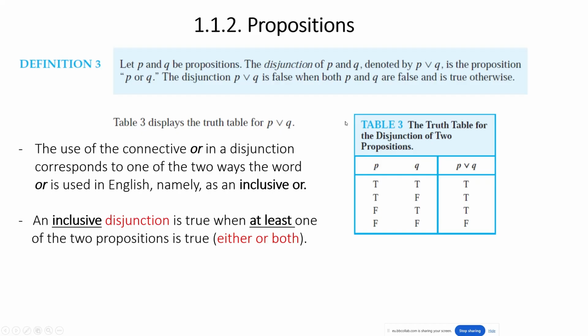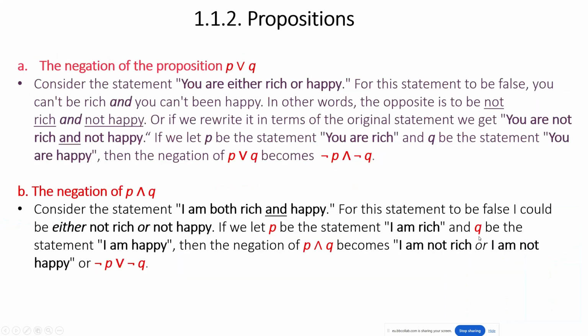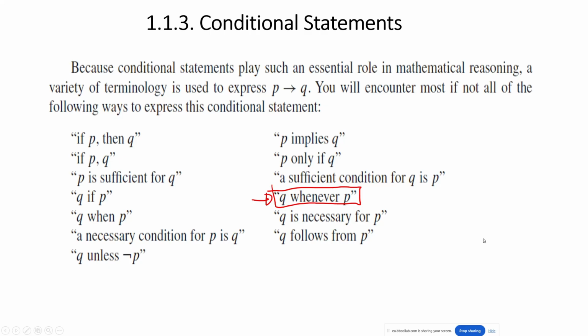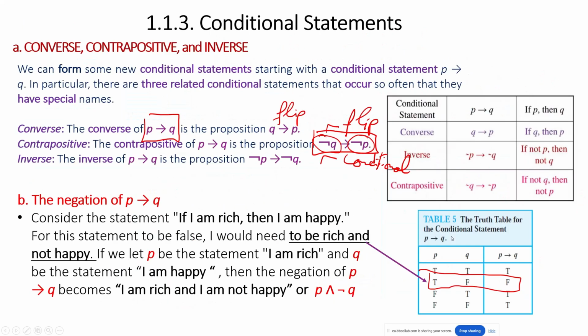Inclusive is the or that we know, and the exclusive one is the XOR. And then we started with these conditional statements: if this, then that. And now we have some different terminologies regarding these conditional statements: the converse, the contrapositive, and the inverse. You have to get used to that. Just try to find a way to remember them. That's why I use this flip, for example, so you can remember it easily.